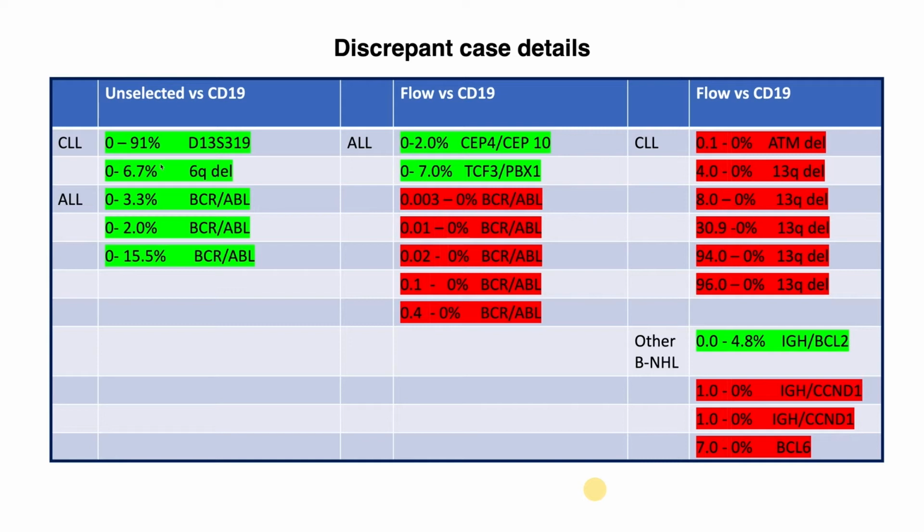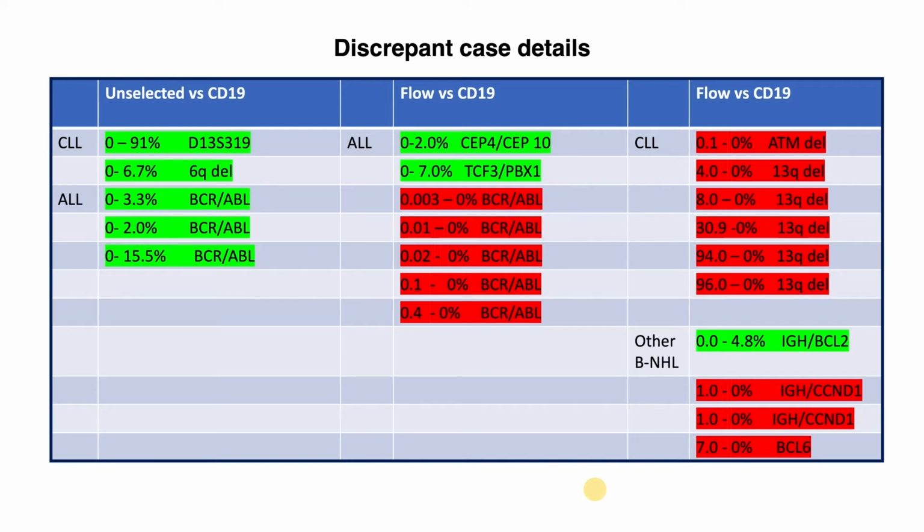So this is obvious owing to the advantage of CD19 selection. Similarly, between flow and CD19, there are 2 cases in ALL and 1 case in other B-NHL that showed flow negative, whereas the CD19 cells were positive. So this is again the advantage of selection of CD19.